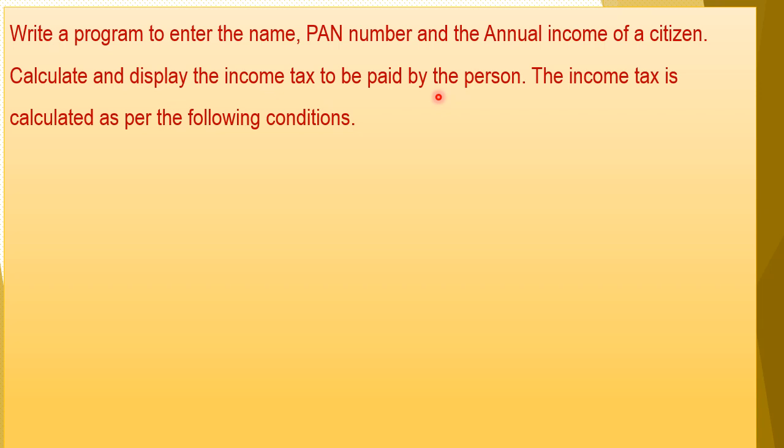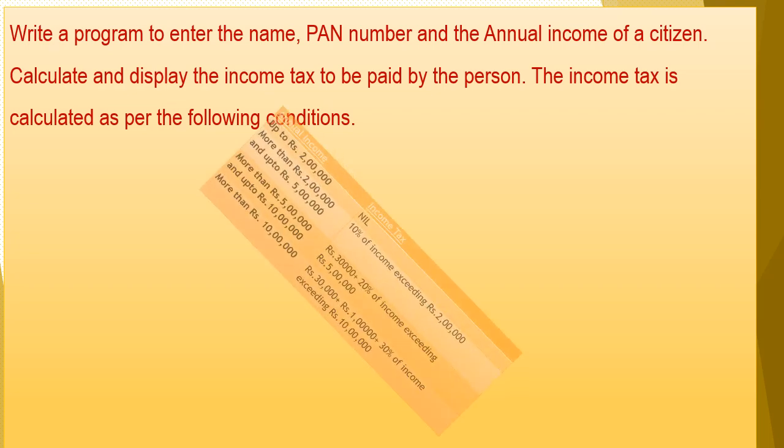We have to enter the name, PAN number and the annual income of a citizen, and must calculate and display the income tax to be paid by the person. The income tax is calculated based on a slab based calculation as per the given conditions.